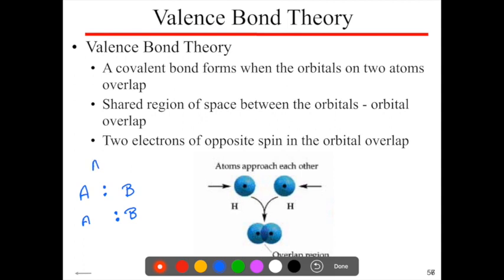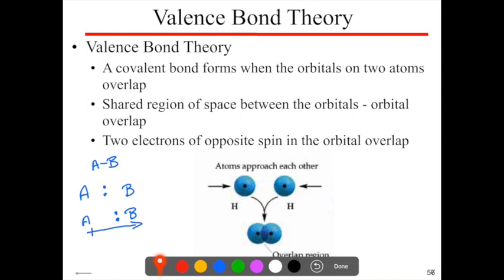We normally would write the bond like this with a line between representing 2 electrons. But if it is polar, we're going to say one side's a little bit negative and this side's a little bit positive, and we have a polar bond. What this line represents is a sharing of these 2 electrons between A and B, whether it's equal sharing or even unequal sharing.